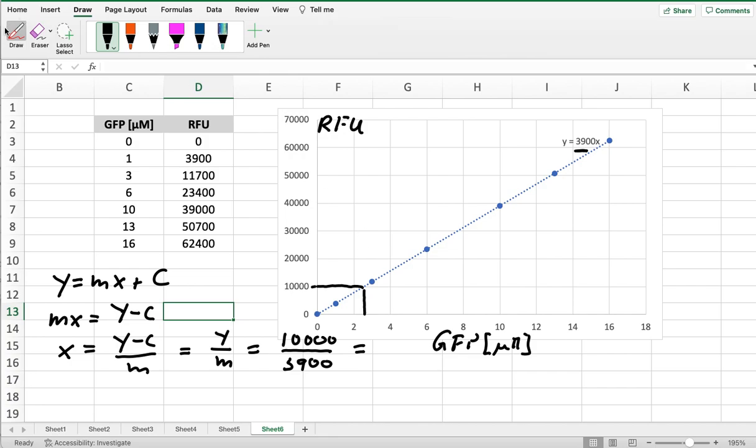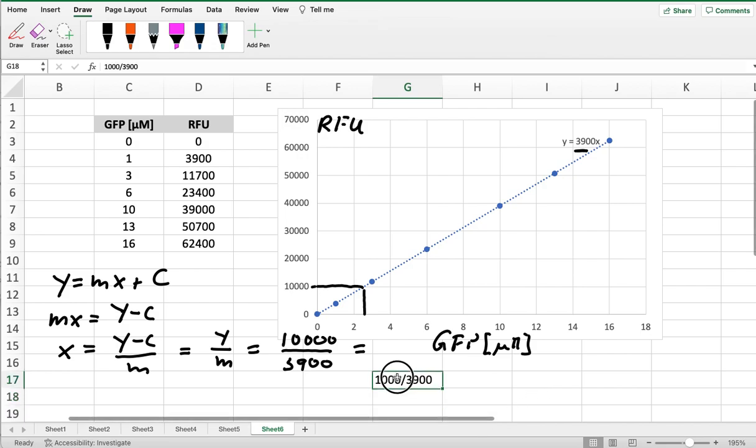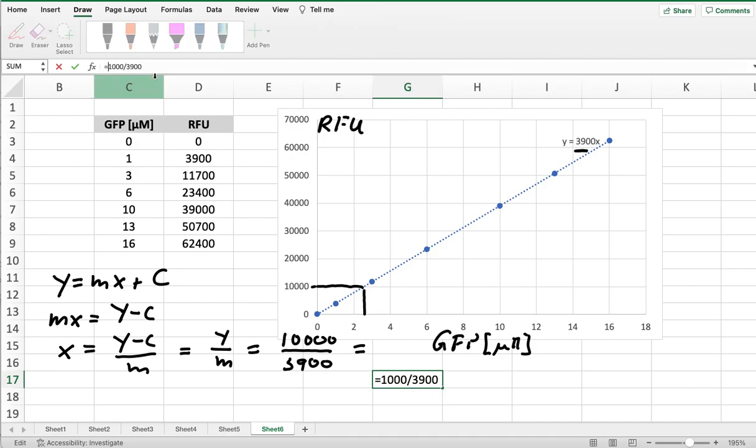So we would then calculate 10,000 divided by 3,900. That's our gradient. And I probably should add an equal sign in front of it.